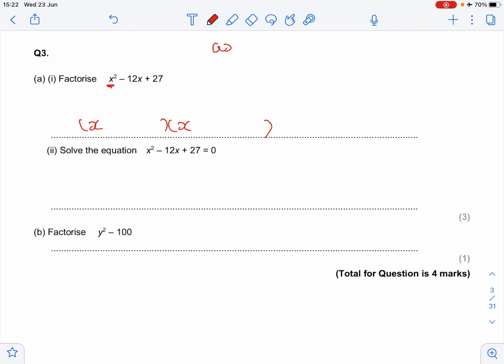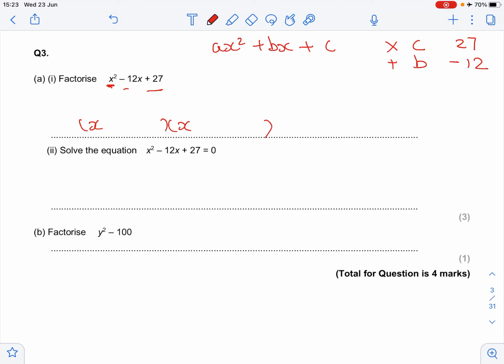We have ax squared plus bx plus c. That's the format of our quadratic. To factorize, we need to find 2 numbers that multiply to give you c and add together to give you b. The value c is 27, and they need to add together to give you minus 12.